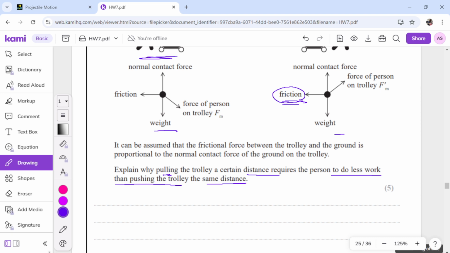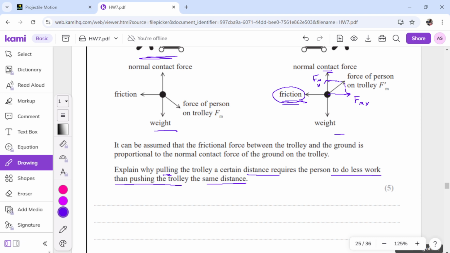Okay, so as you see, you can explain in terms of the first figure or second figure. I will try to solve it using the second one. Now this is the force of person, which can be resolved to a horizontal component and also to a vertical component. So we have Fmx and Fmy. Okay, so now what about Fy? When Fy is exerted, what happened to the normal force?